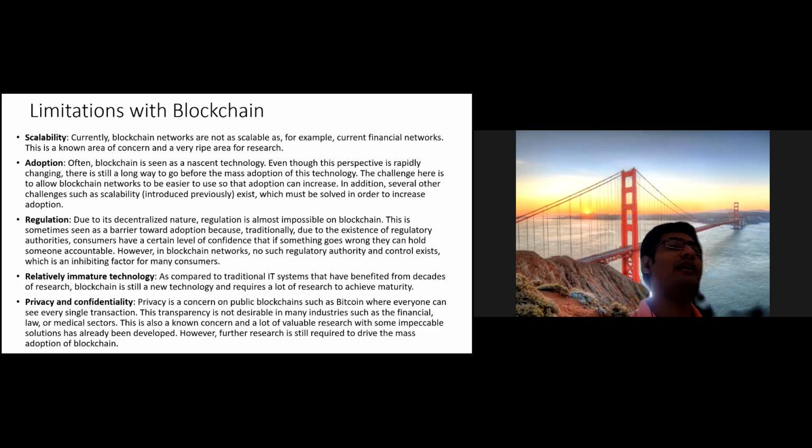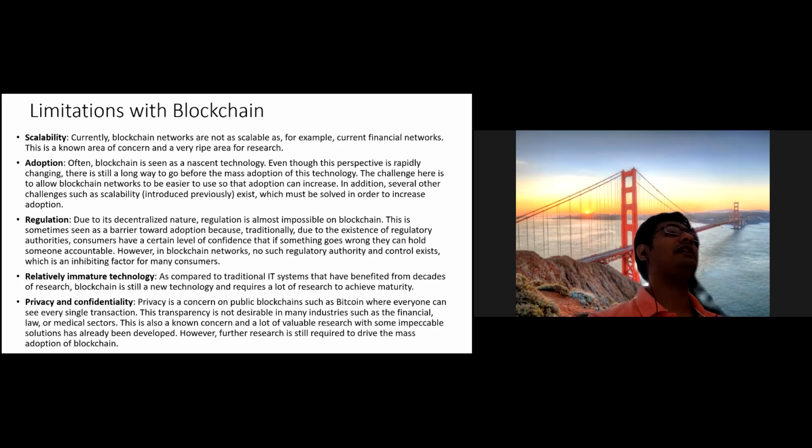Most of the governments are now getting involved, like 2021 is a year of blockchain. So most of the regulations are aligning, but still there is no concrete policy made for the users of the blockchain, though slowly they are being updated. So one of the limitations of the blockchain is regulation, right?